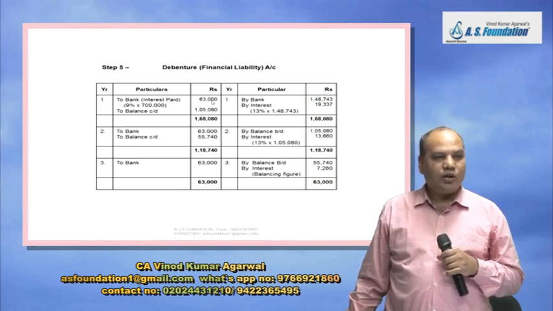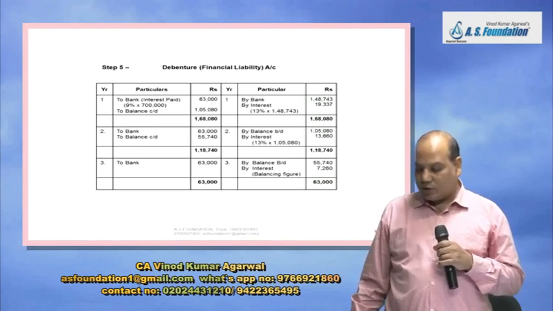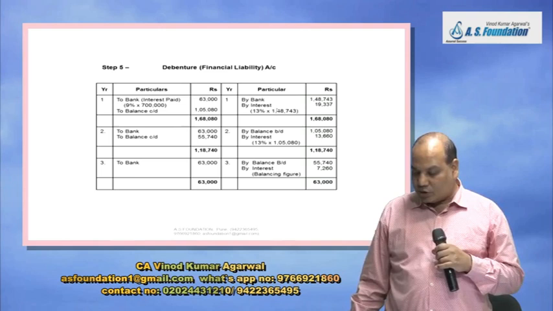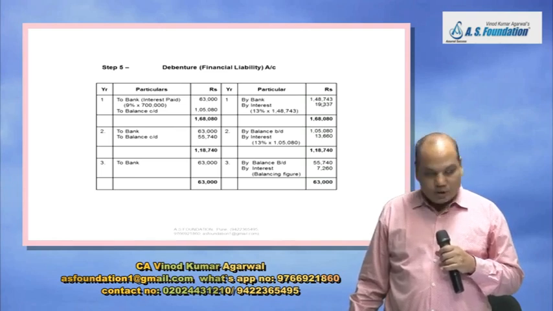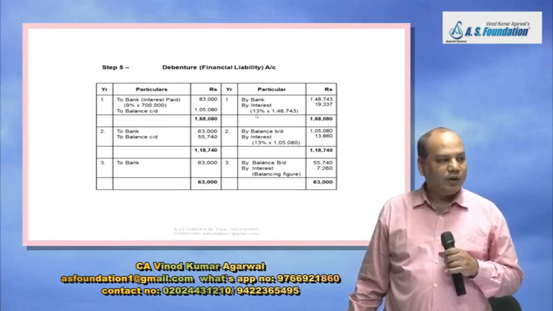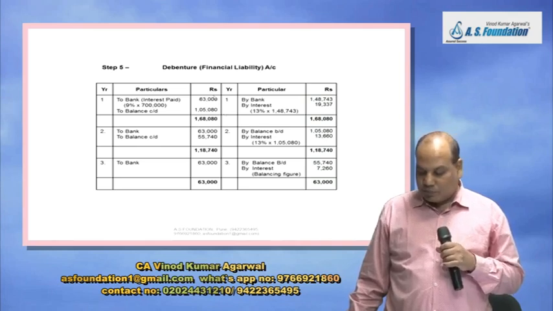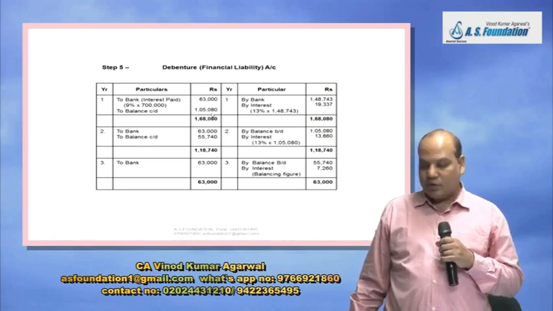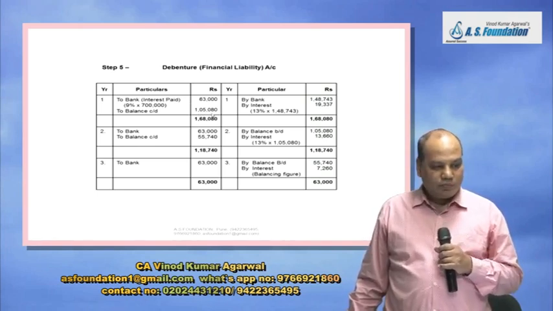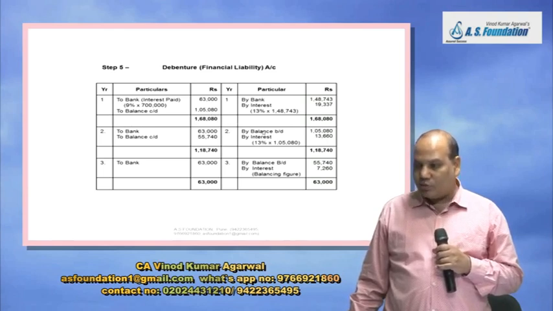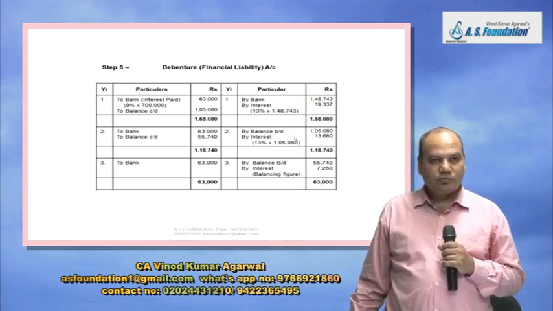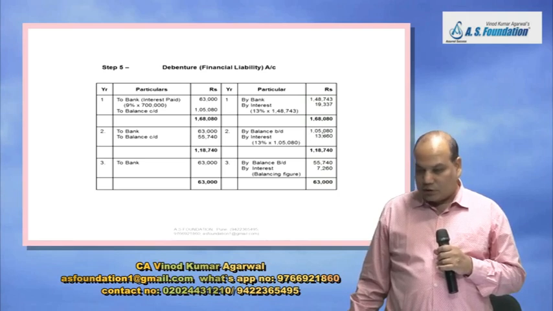This is called the amortized cost method or effective interest rate method. Interest is accounted on opening balance multiplied by effective rate of interest. Payment made is deducted from the liability. To balance carried down 1,05,080. Next year, year 2, by balance brought down 1,05,080.